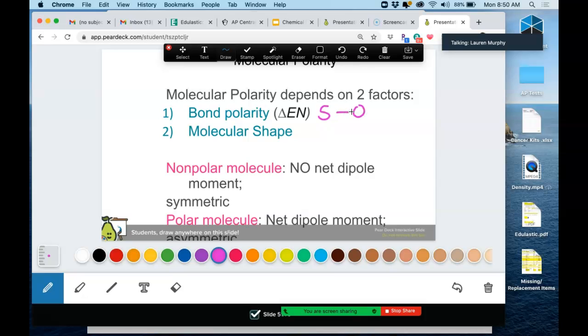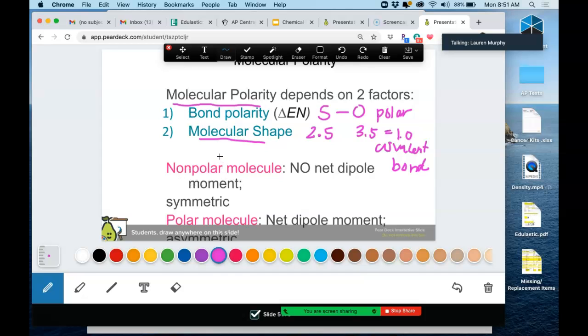We said sulfur's electronegativity is 2.5 and oxygen's electronegativity is 3.5, which is a difference of 1, which made this a polar covalent bond. Okay, so now, in order to determine the polarity of the entire molecule, we have to understand what that's going to have to do with molecular shapes, okay?